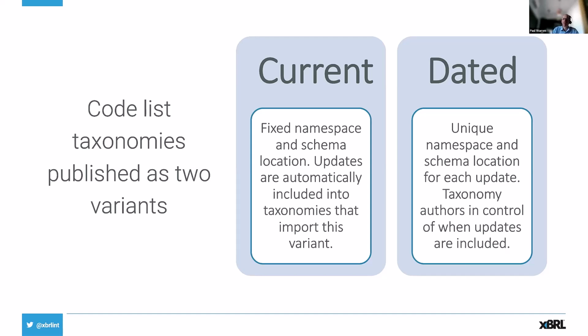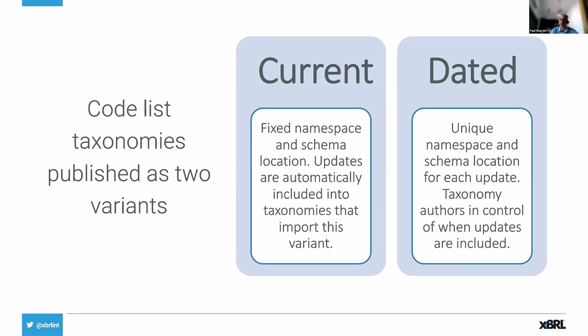But by using the current version, you do always get the latest version, but it does mean you are not, as a taxonomy author, in control of when those updates get incorporated. And if people are working with offline versions of your taxonomy, you may need to make sure that they update their copies of the taxonomy in order to make sure they've got the latest version.